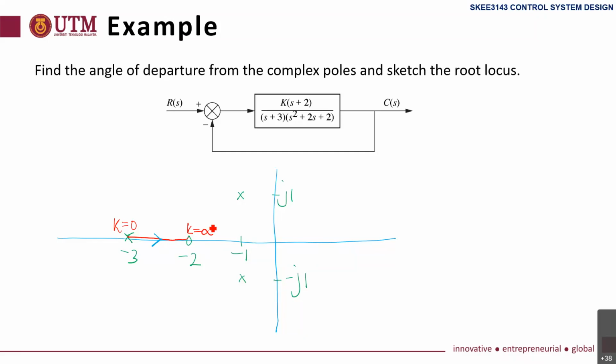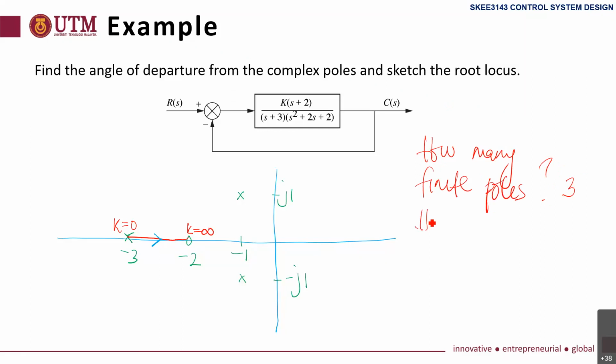Okay, my first question. How many finite poles do we have? 3. Yes, 3 finite poles. Finite means we can see, we can obtain.